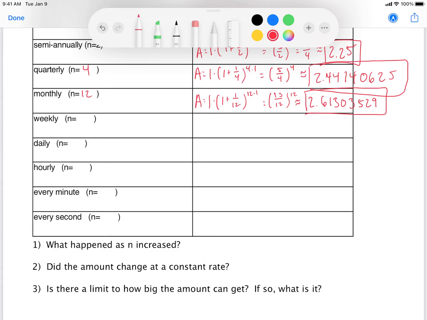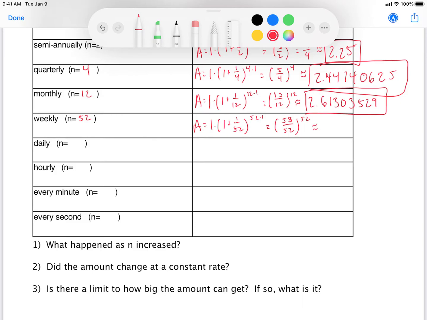All right, so yes, if it compounds weekly, n is 52, which means for my formula I have A is equal to 1 times (1 plus 1 over 52) to the 52 times 1 power, which should equal (53 over 52) to the 52nd power, okay?